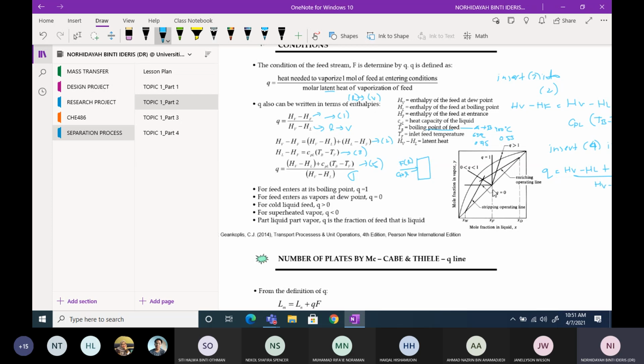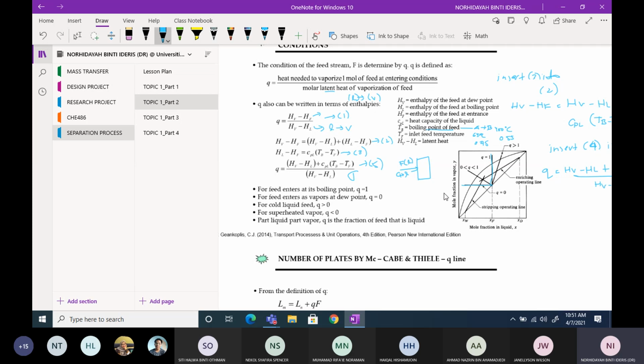So no need to go through the trouble of plotting a graph of the Q line. You just make a straight line here. If your feed enters as a vapor at dew point, your Q becomes 0. But this case is quite rare.